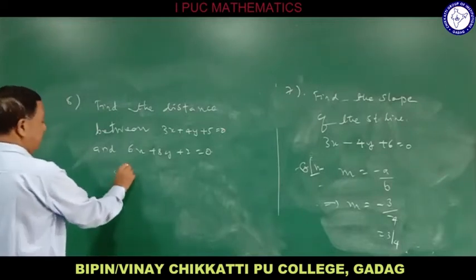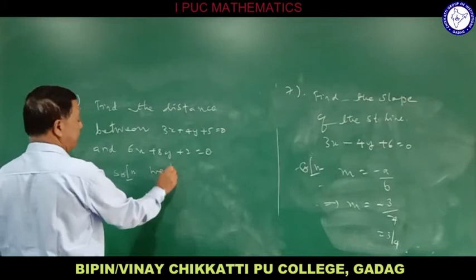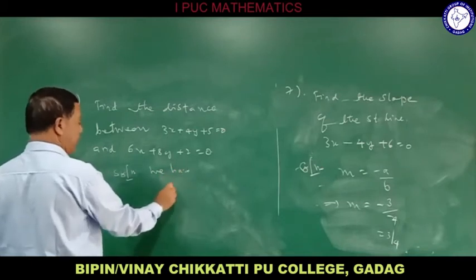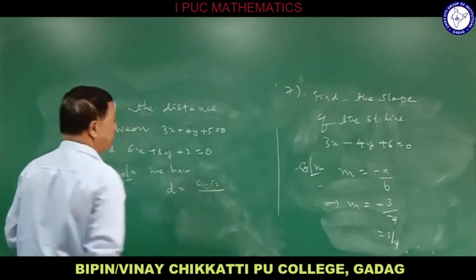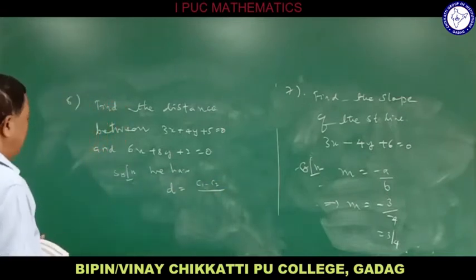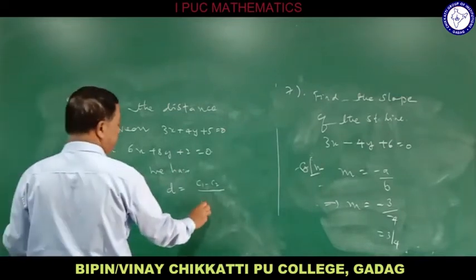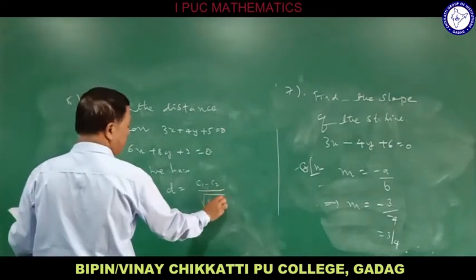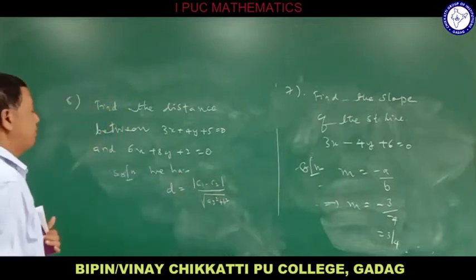So look here, what is the formula for the distance? D is equal to modulus of C1 minus C2 divided by root of A square plus B square. This is the formula for the distance between parallel lines.